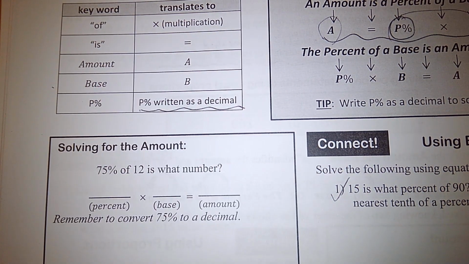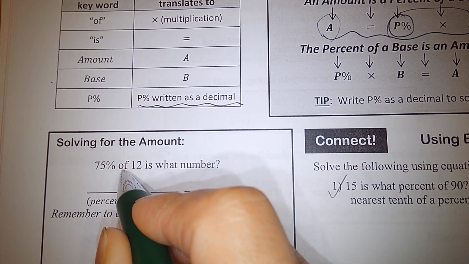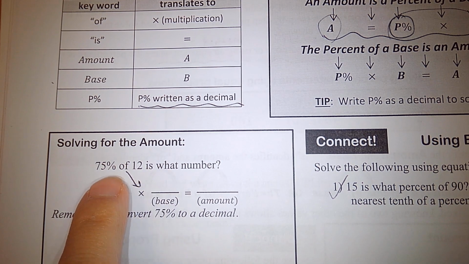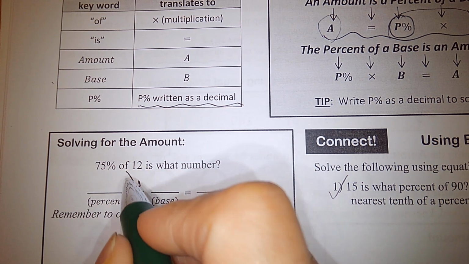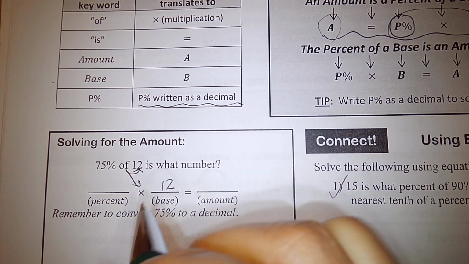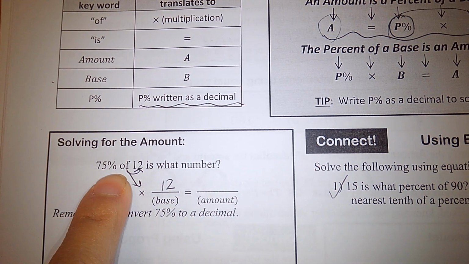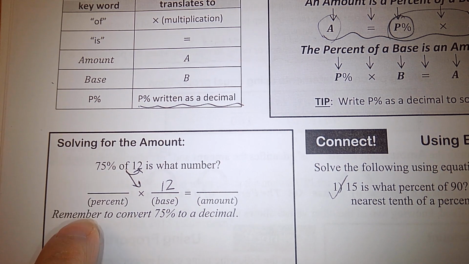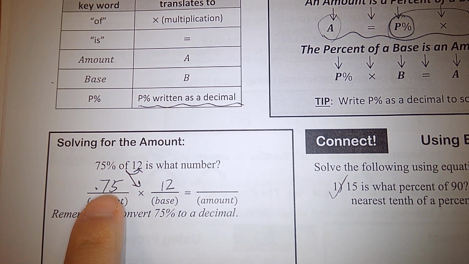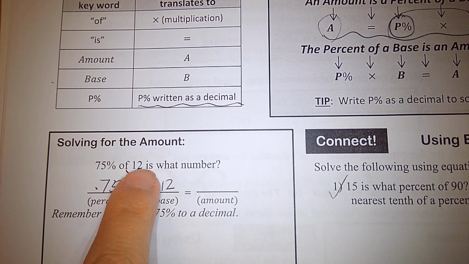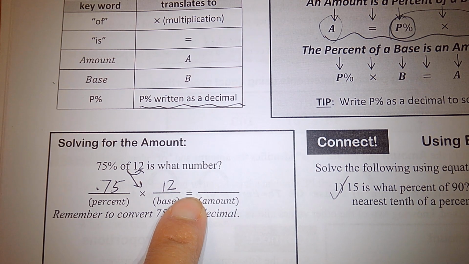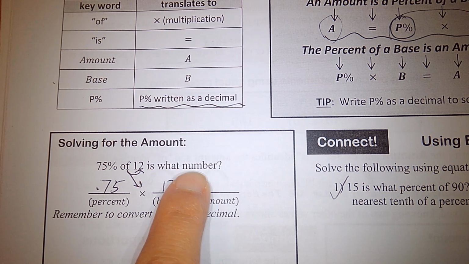Multiplication in math, right? So, of means multiplying. Of 12, this number is what? The base, right? 75% as a decimal number is what? 0.75, okay? So 0.75 times 12 equals one number.